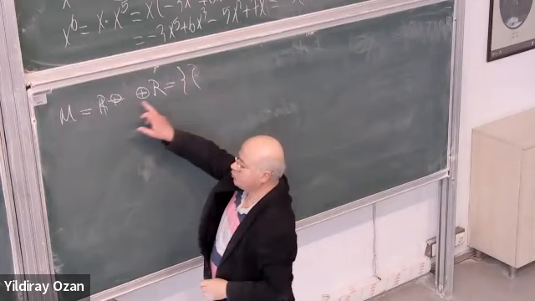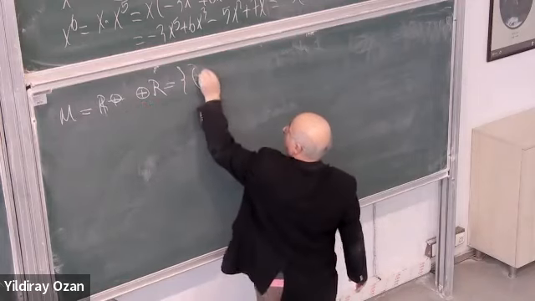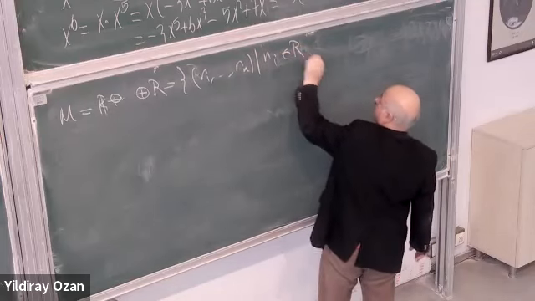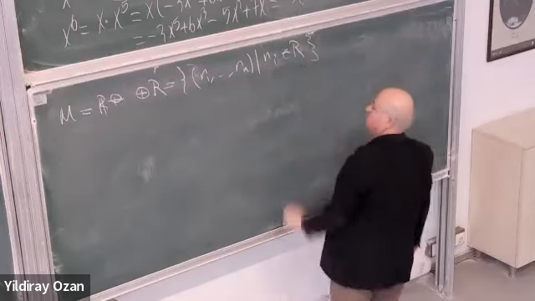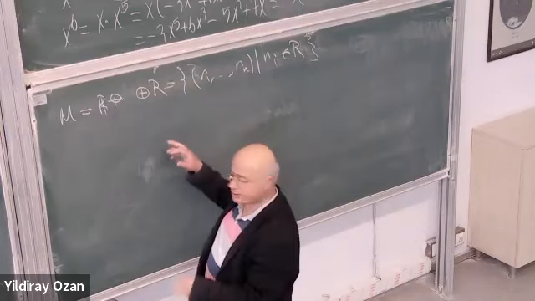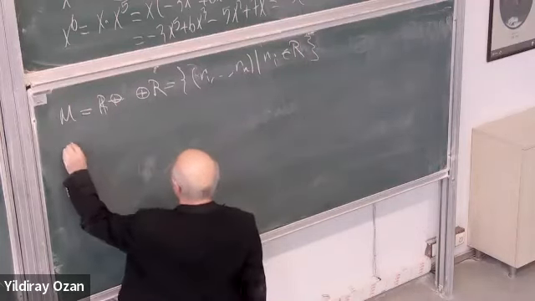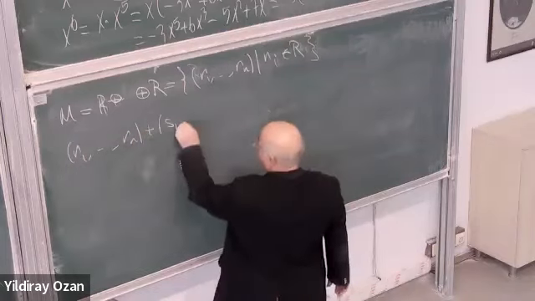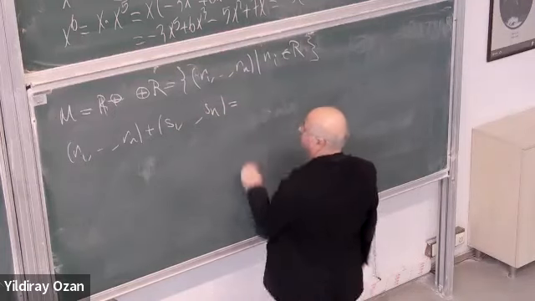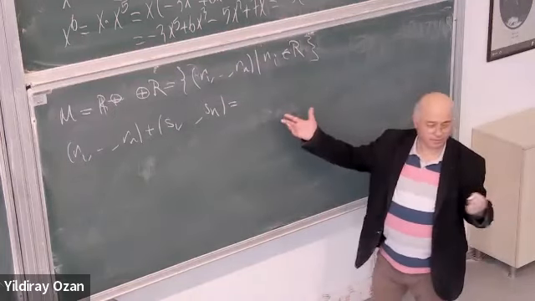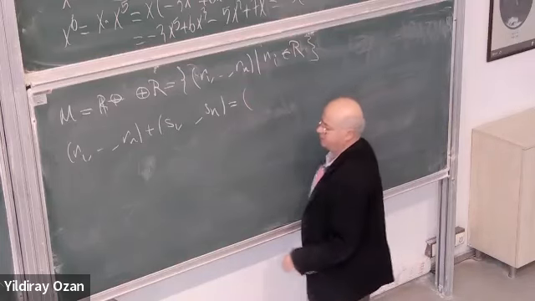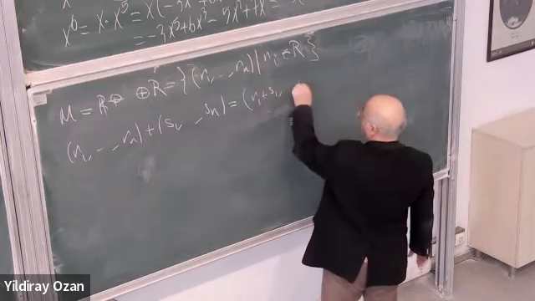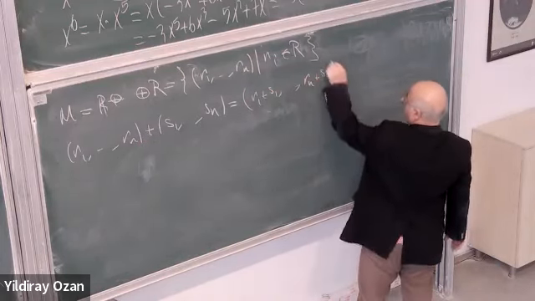This is the set of all n-tuples (r1, ..., rn). How do we add two n-tuples? Addition operation: (r1, ..., rn) plus, let's say, (s1, ..., sn). As if they are vector spaces, you just add them up component-wise: (r1 + s1, ..., rn + sn).